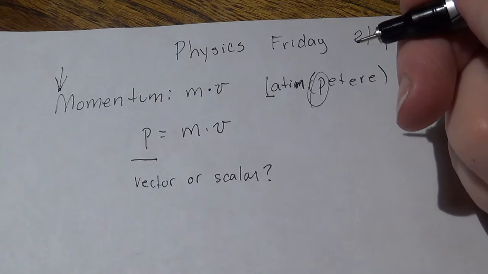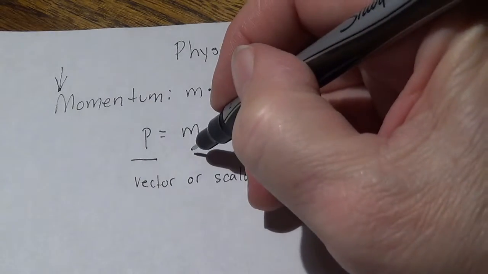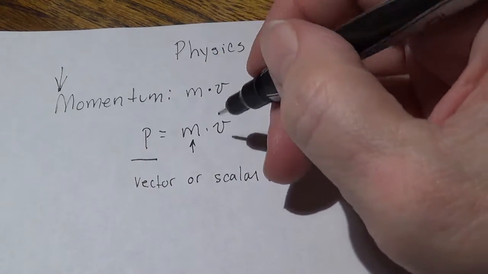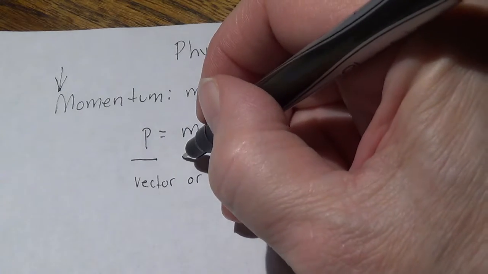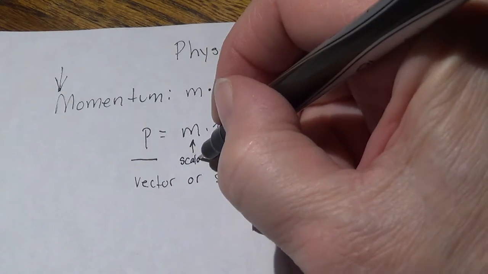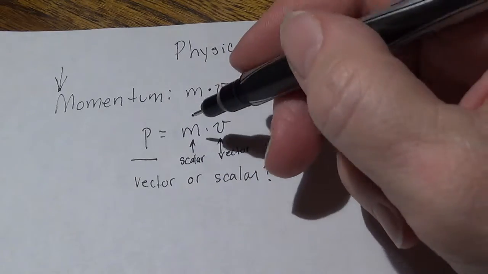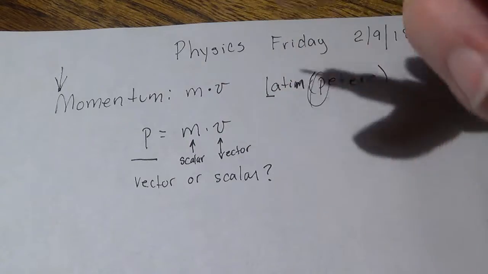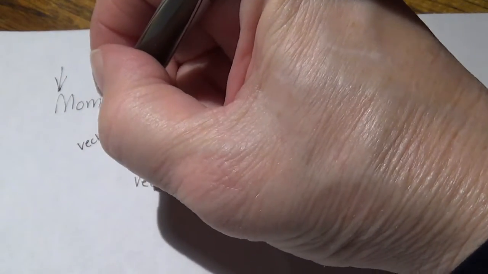And the answer to that is hidden inside of here, because we already know if this is a vector or a scalar, and we know if this is a vector or a scalar. So mass does not show direction, so it's a scalar; velocity is a vector. Therefore, if we multiply a scalar times a vector, you're probably suspecting that momentum is also a vector.